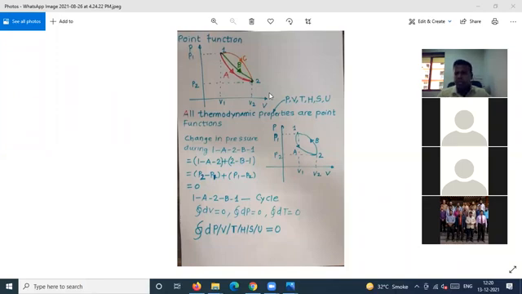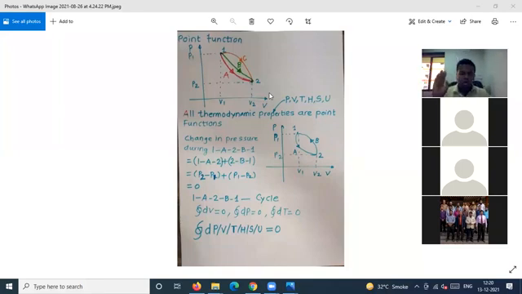This is the difference between path and point. Path functions depend upon the path, and heat and work are path functions, while point functions only depend upon the point, which is nothing but a state. So a point function only depends upon the point or state, and all the thermodynamic properties are point functions.